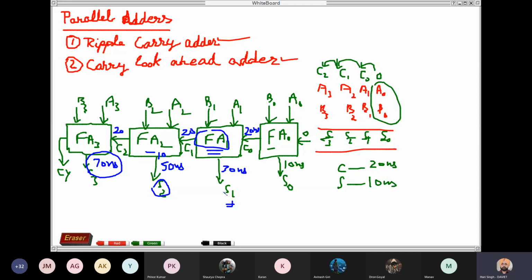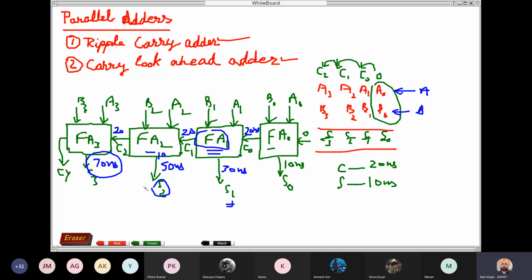So this time delay will be more if we are to design an adder circuit for a large size of numbers. Okay, as the number of bits increases, the time taken by the adder circuit to provide the output will be more.